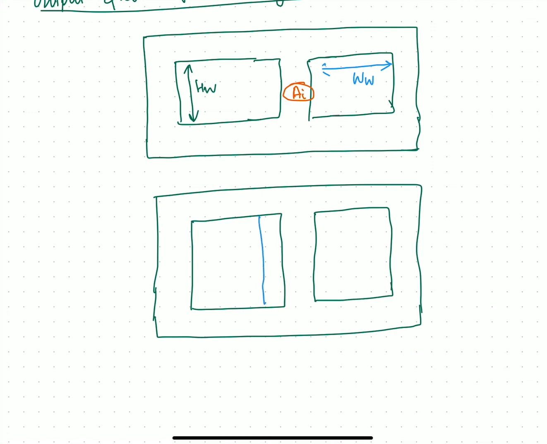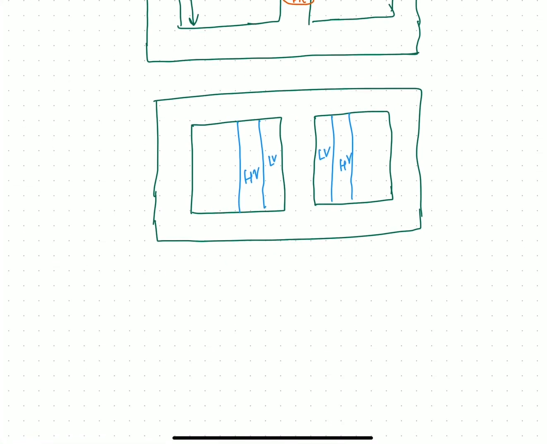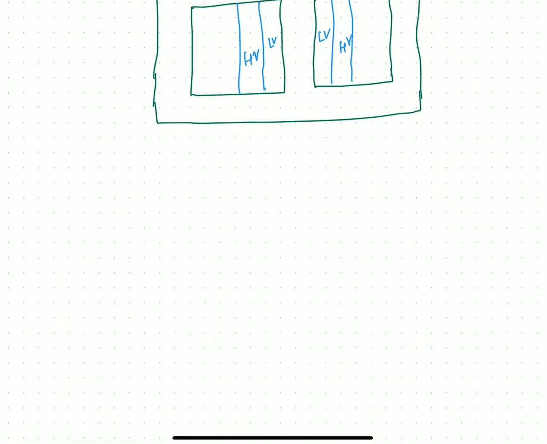You have the LV here and the HV here. This is the HV here, right? So the entire LV winding and the entire HV winding are wound on the central limb.